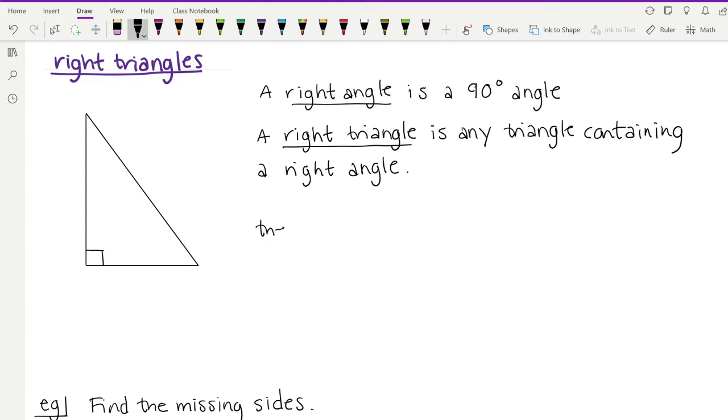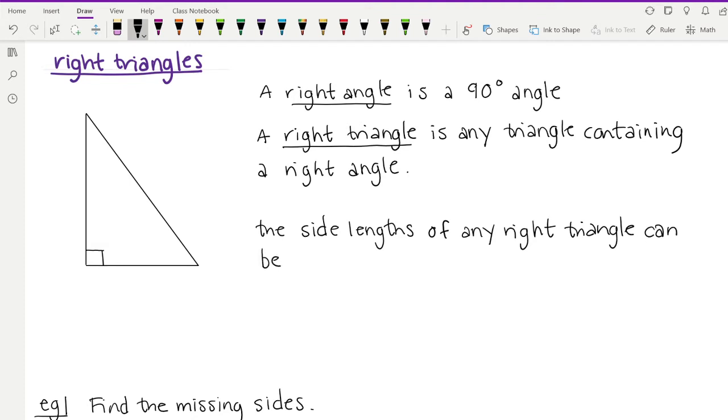So the side lengths of any right triangle can be related using the Pythagorean theorem.